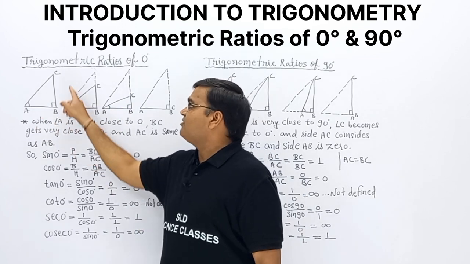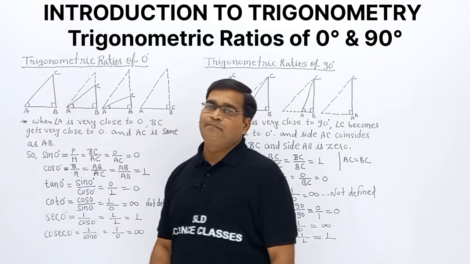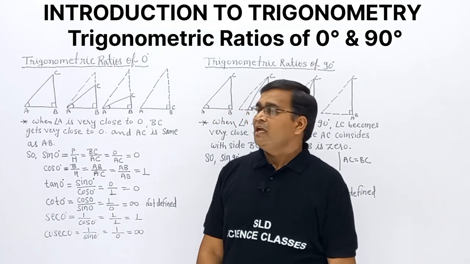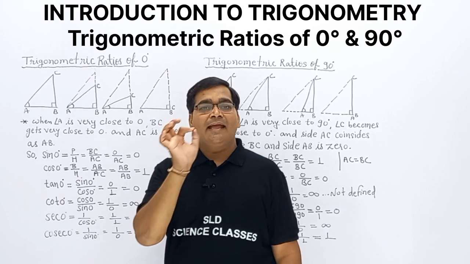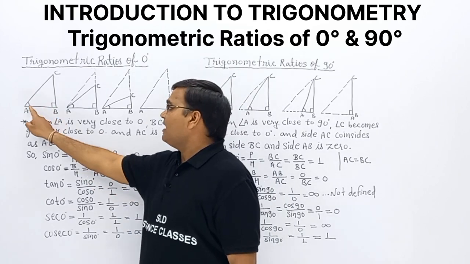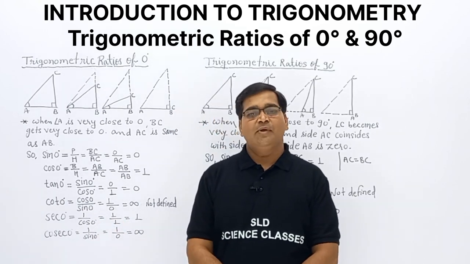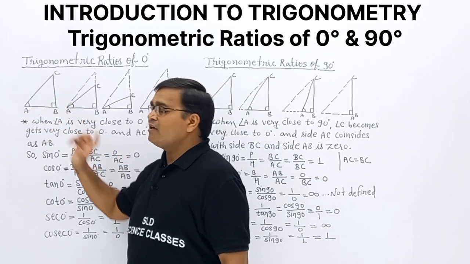So ABC is a right triangle, right angled at B. Clear? The remaining two angles, A and C, are acute angles. Now I am taking A as an acute angle.